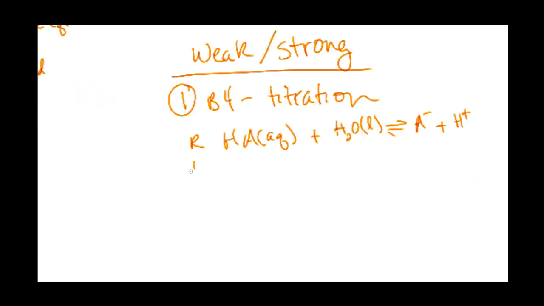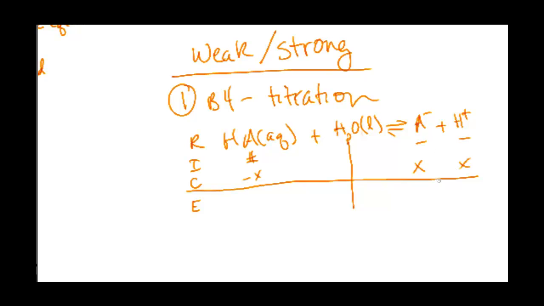And then remember, initial, change, equilibrium. This should be some number that's given. Then this will be minus X. That's nothing, and then that would be nothing usually, X. So you end up with some number minus X there.